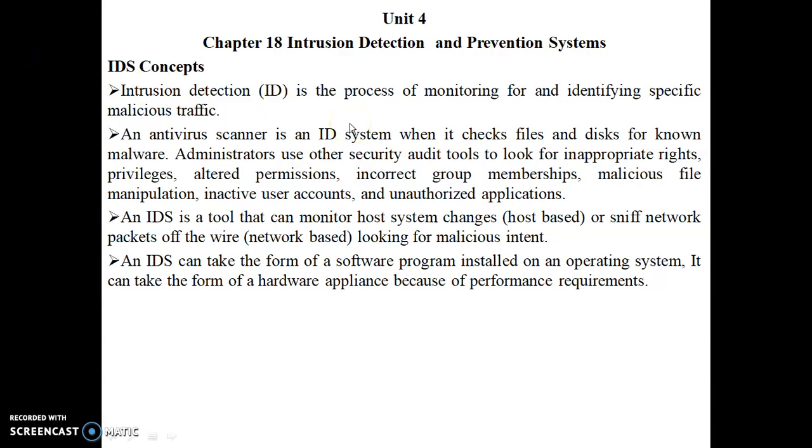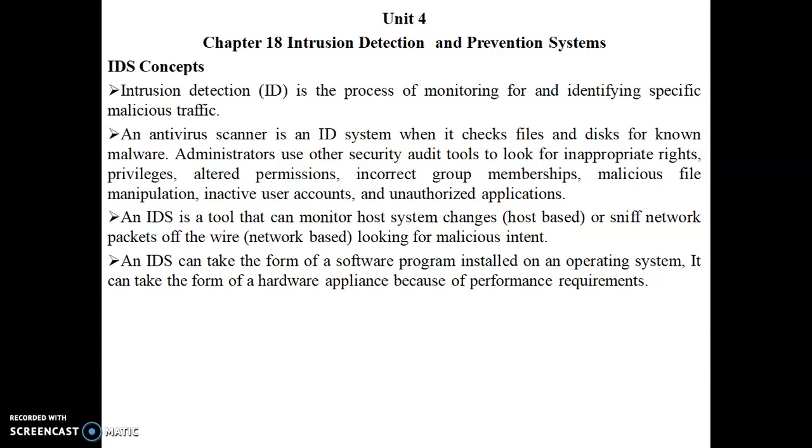Okay, let's start with the definition. What does IDS, intrusion detection system, stand for? It is a process of monitoring and identifying specific malicious traffic. Means if any illegal thing or any attack is happening on the traffic, that will be taken care of by IDS.